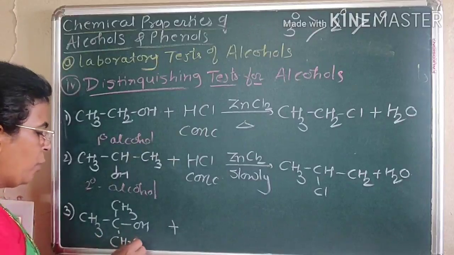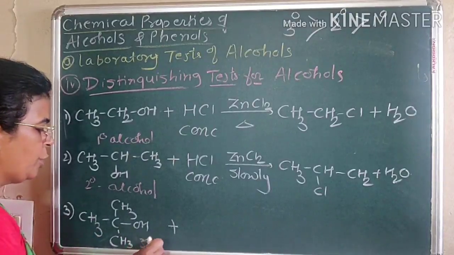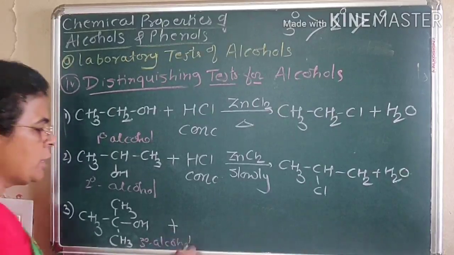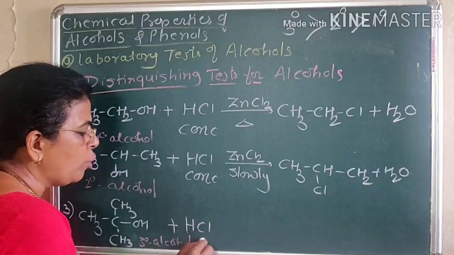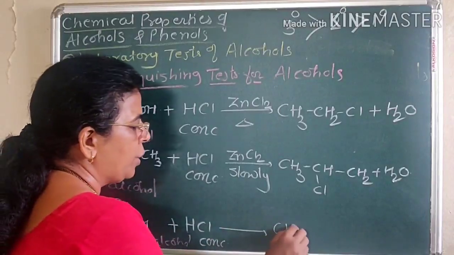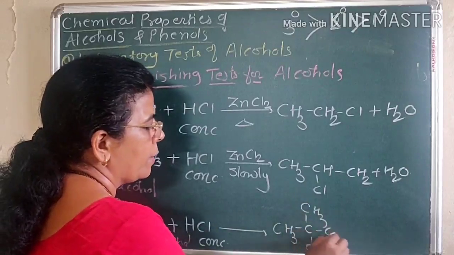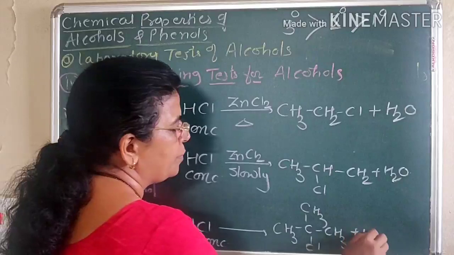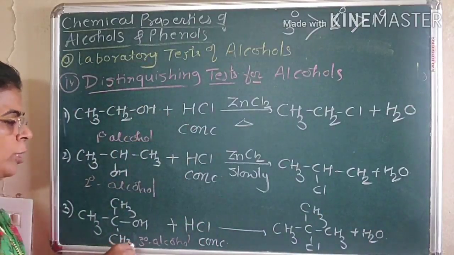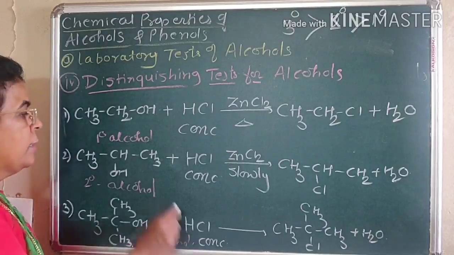And this is tertiary alcohol, tertiary butyl alcohol. When it is treated with concentrated HCl, there is no need of ZnCl2, and it is quickly converted into tertiary butyl chloride plus H2O.